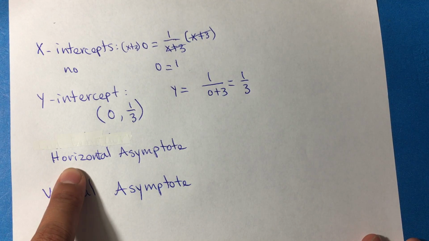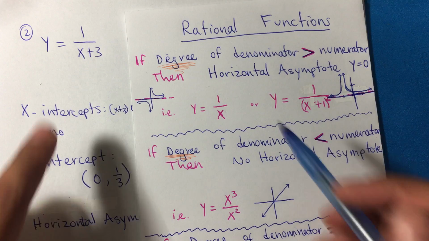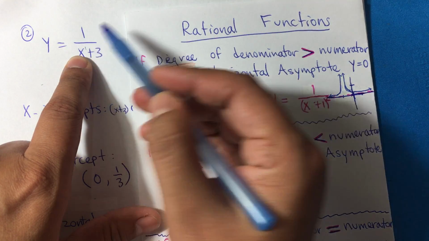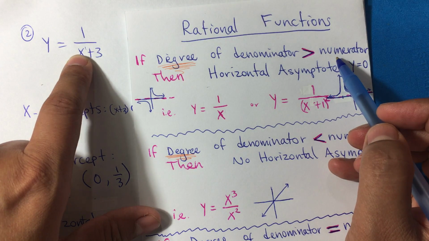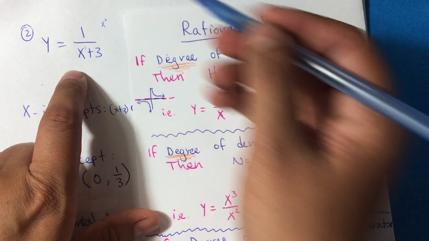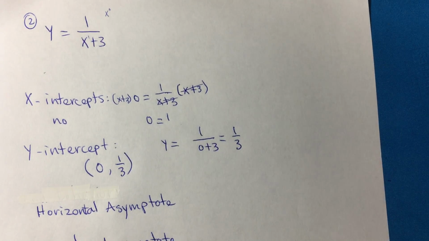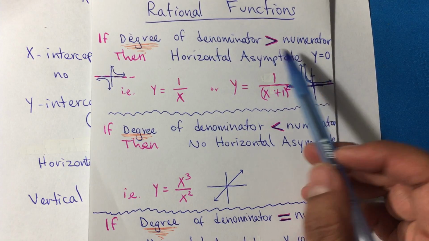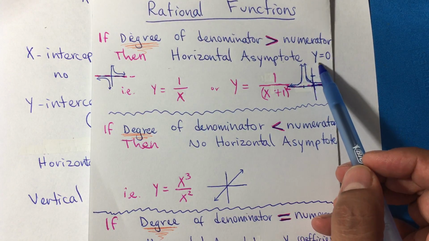For the horizontal asymptote, the degree on the denominator, which is 1, is greater than the degree of the numerator, and it's because we have x to the power of 0. Since that's the case, that means that the horizontal asymptote is at y equals 0.